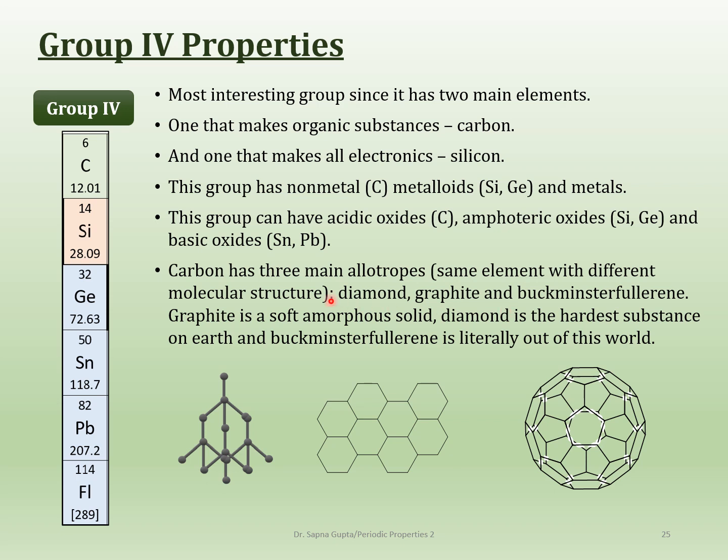Diamond is considered to be a C4 kind of structure, and this is what it would look like. C4 meaning tetrahedral. Graphite is considered to be hexagonal, so you have layers and layers of hexagons, like this. And then Buckminster fullerene is like a ball, like a soccer ball, pretty much.